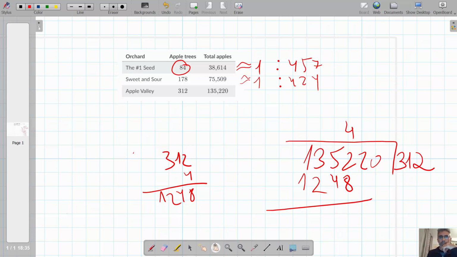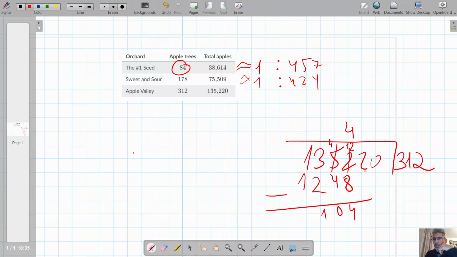Okay, here is left 4. This becomes 12. 12 minus 8 is 4. Here 0, 1.